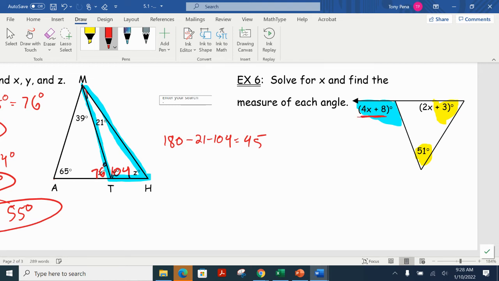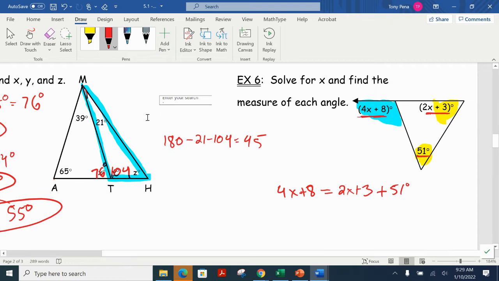So if we come back over to number 6, this angle right here, the 4x plus 8, has to equal the sum of the two remote interior angles. Sum means you're going to add, so we're going to be adding this angle here, 2x plus 3, and then this angle here, which is 51 degrees.